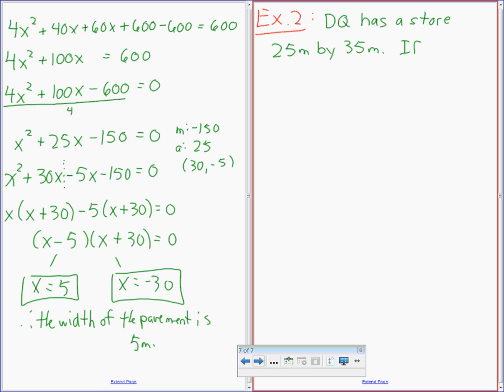If their parking lot evenly has even width around the building.